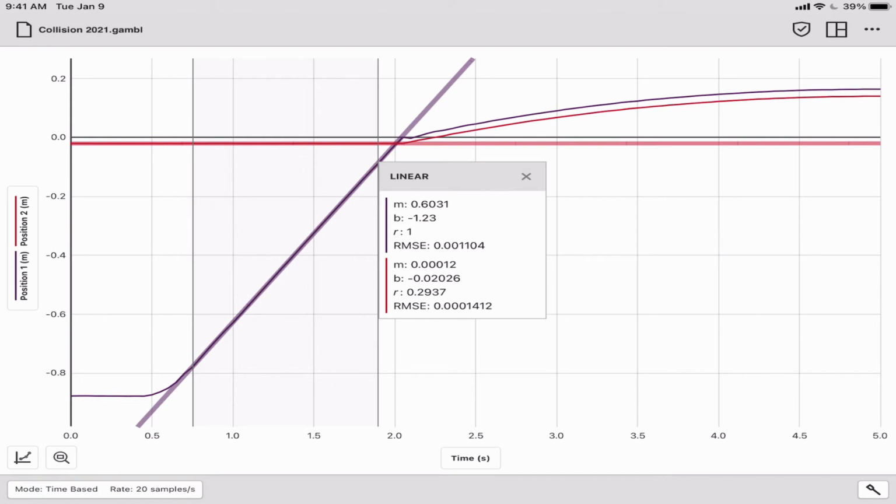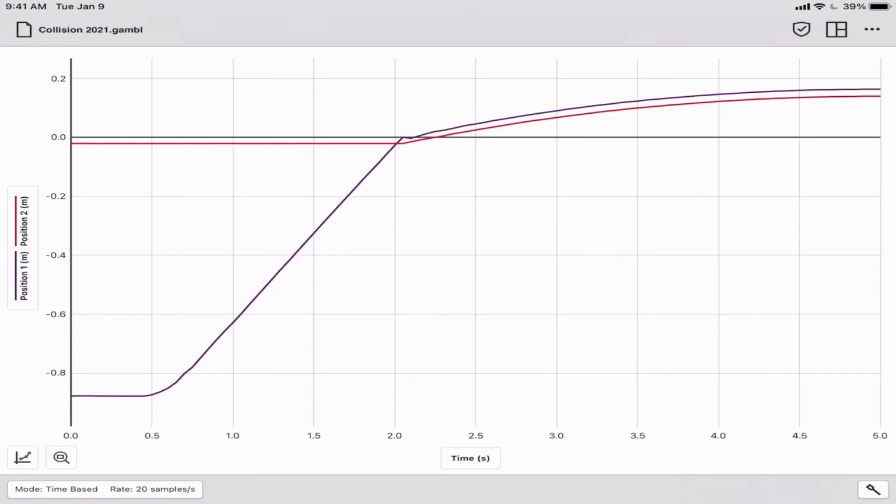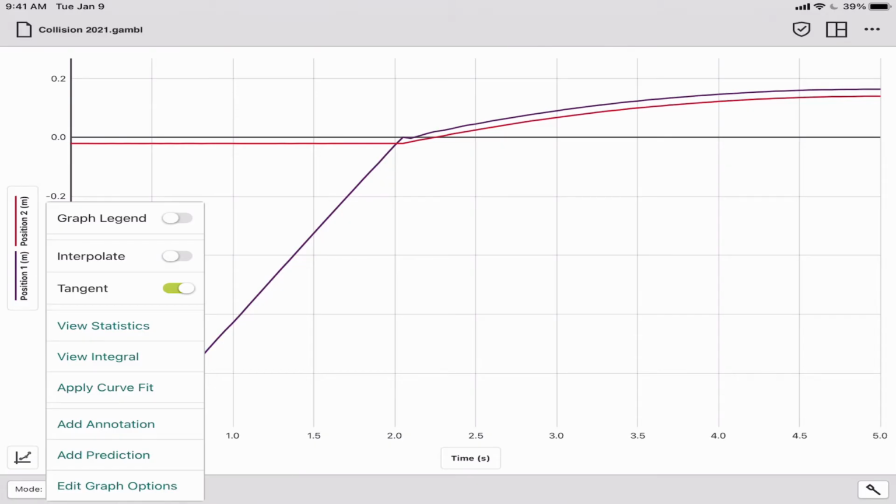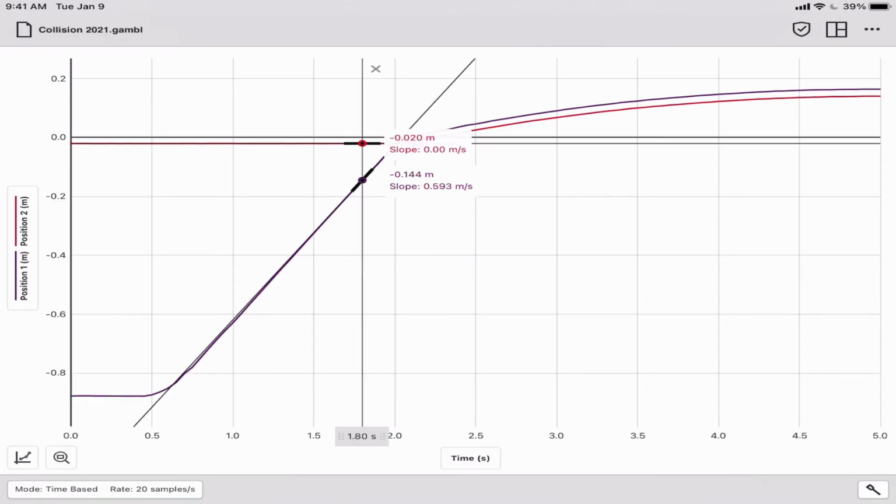Now, that works fine and is great, but I found a better way to do it, and that is using the tangent. So if you hit the tangent, and then you just hit right here, it will tell you the slope at that point in time for each of the lines.